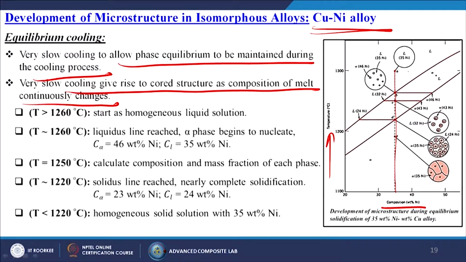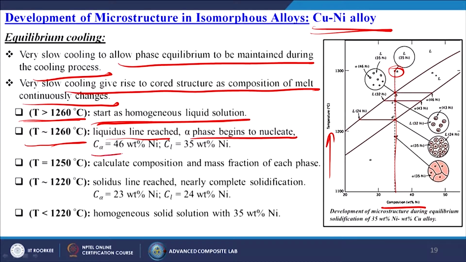Suppose when we are talking about more than 1260 degree centigrade, that means point A. It starts as a homogeneous liquid solution over there. So, it has been mentioned that L is liquid with 35% of nickel. Now, when T is more or less 1260 degree centigrade, the liquidus line is reached and the alpha phase begins to nucleate.